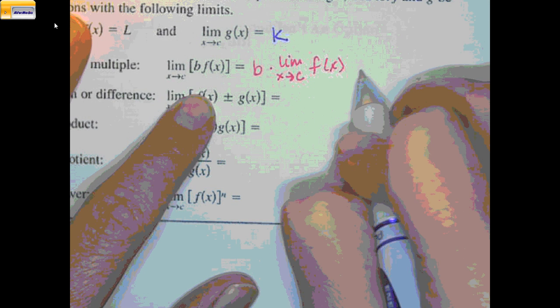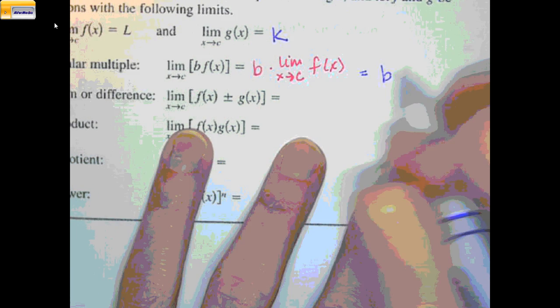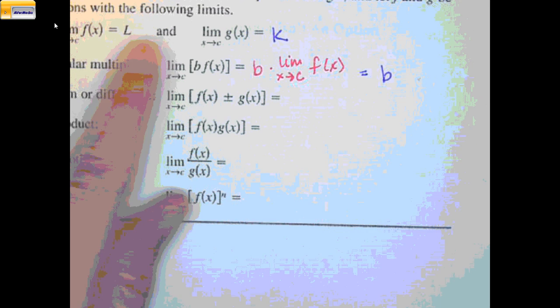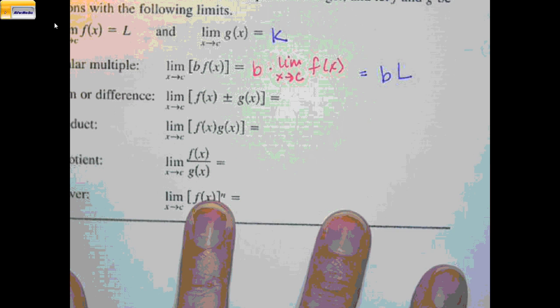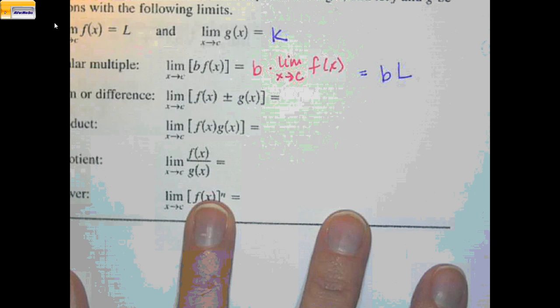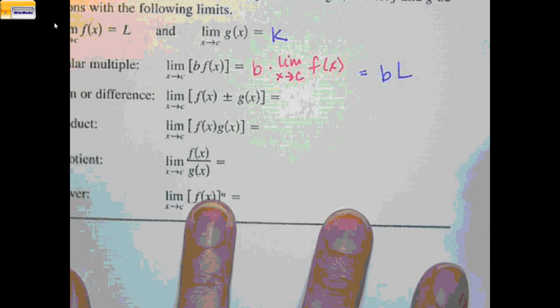The faster way to think about it and to write it would be b times, well, we know what that limit is, it's L. Because we already found it, or they told us it was L. Some number.